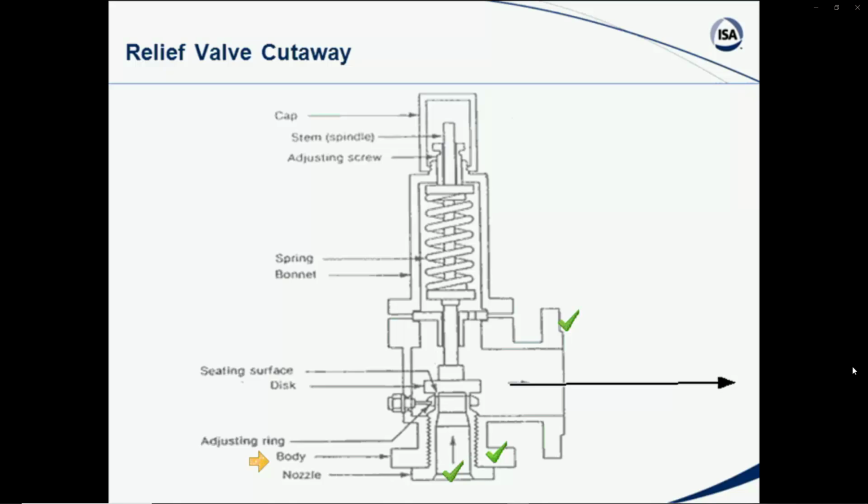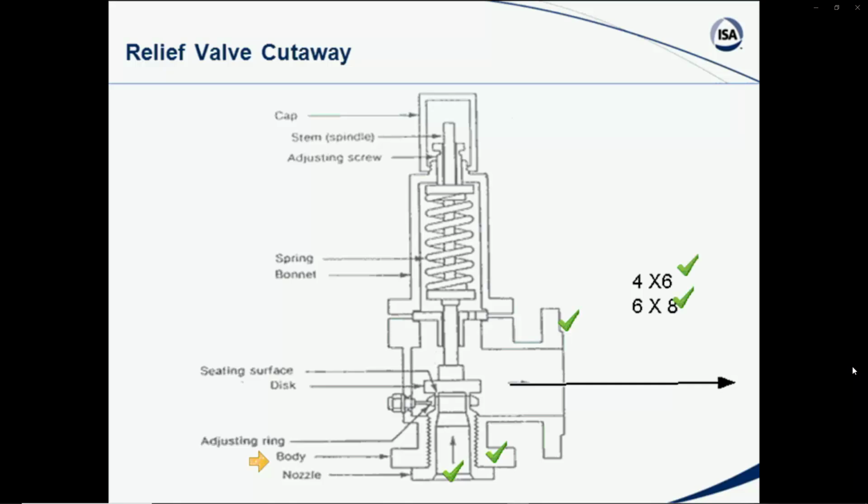It shouldn't be any smaller than the nozzle size on the particular vessel or system. You will also see that the inlet and outlet are not the same size, due to how they're constructed. For instance, you may read that a relief valve is a 4x6, or you may see one that says 6x8. What this means is you have a 4-inch inlet and a 6-inch outlet, or a 6-inch inlet with an 8-inch outlet, as the case may be.